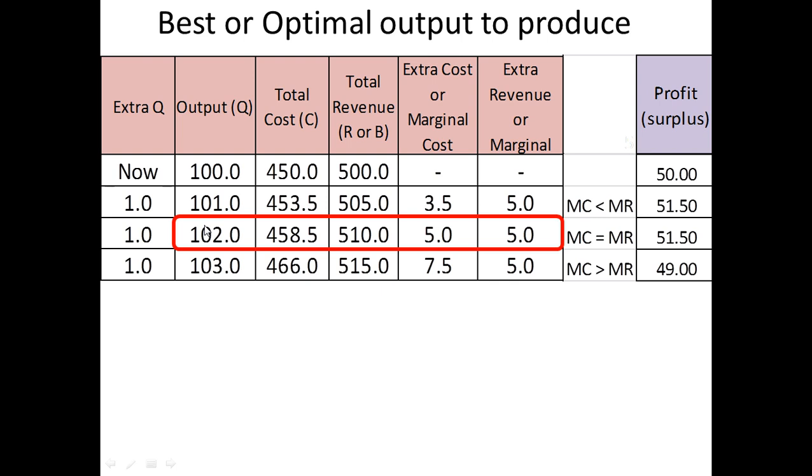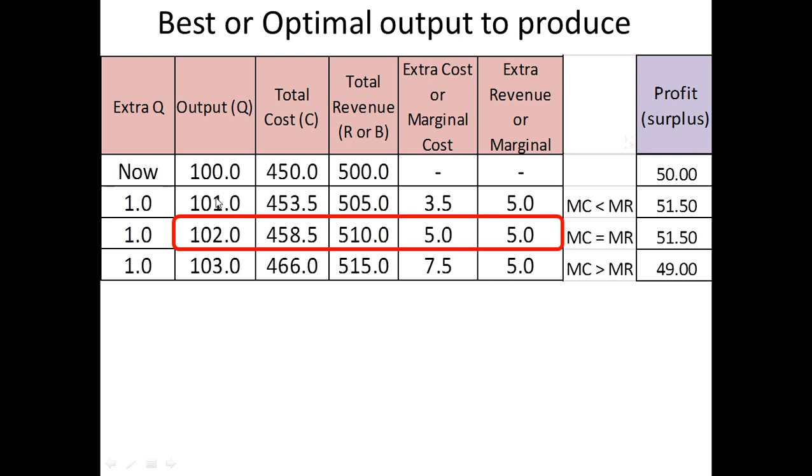If you are a business person, you may choose 101 to produce, because you care only about yourself, not about other people. Because 101 and 102 give the same profit, why produce more?